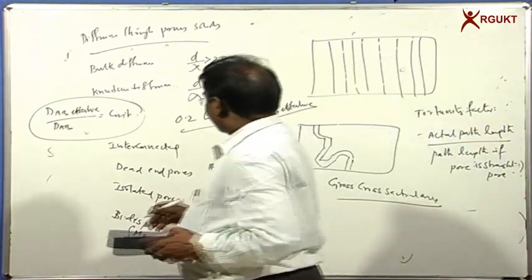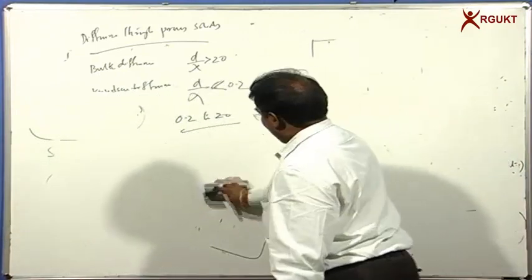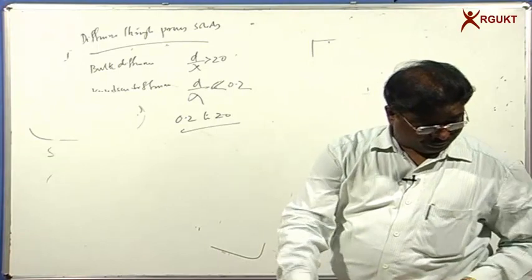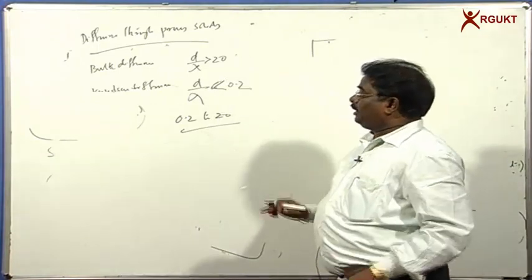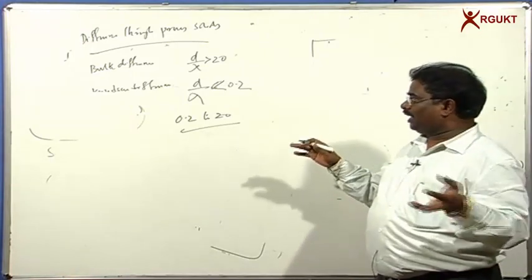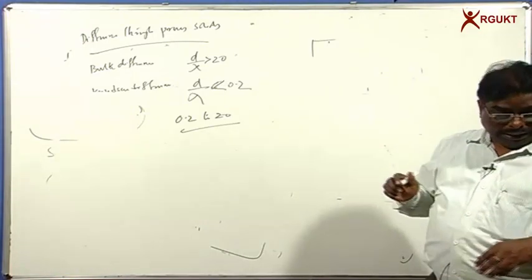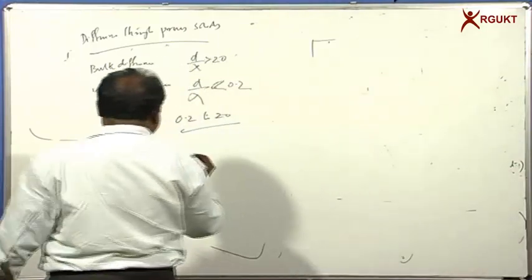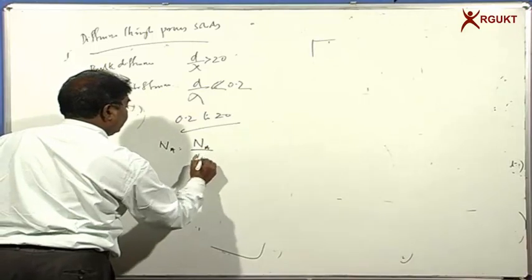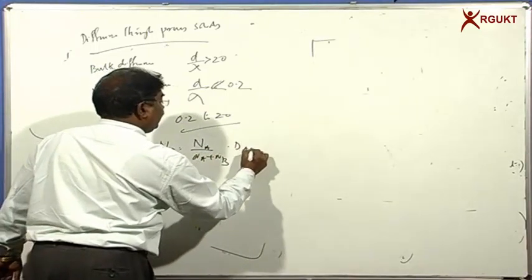And now, as we told, this is the mean free path, and if d by lambda is greater than 20, bulk diffusion is going to take place, which is so simple. It is normal diffusion, but the diffusion is taking place through the pores, and your flux can be estimated as Na is equal to Na by Na plus NB into DAB effective.